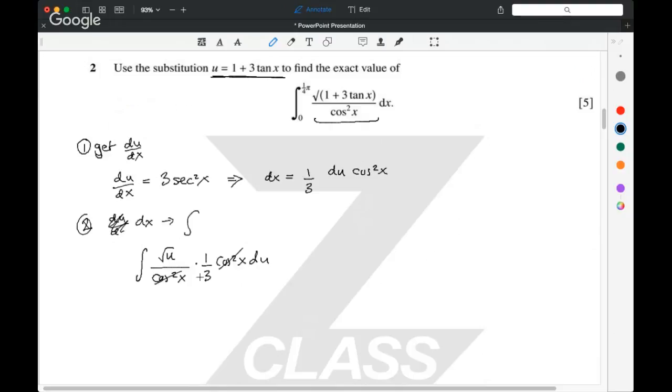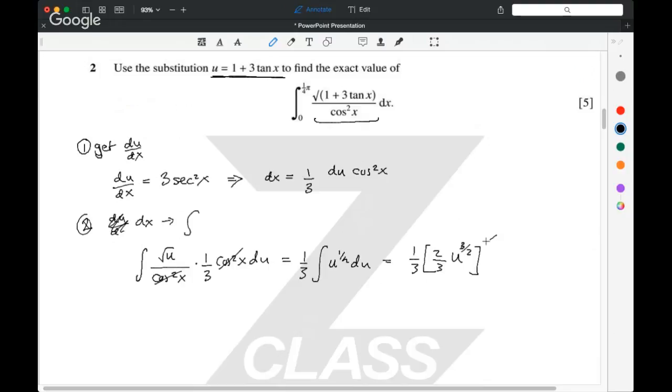Yay! The cosines cancel. We don't have to deal with them. So we get 1/3 integral u to the 1/2 du. This is no problem for us. That's going to be equal to 1/3 times u to the 3/2 times 2/3.